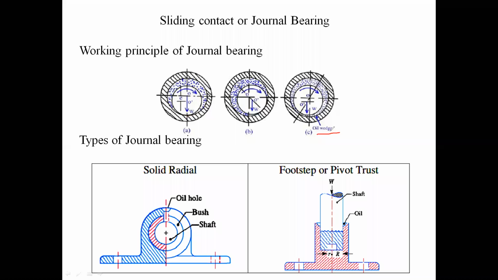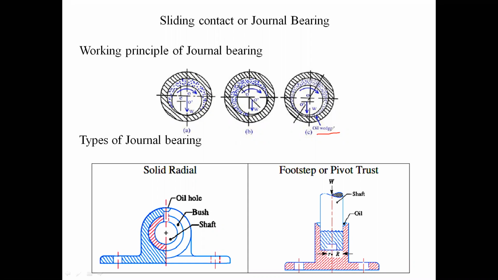This gap is called the oil wedge. Oil wedge बनता है, but it requires sufficient speed. Speed रहेगा तो ही हमारा जर्नल ऊपर उठेगा. Again, if the speed is reduced, again the journal will be in direct contact. जर्नल का और आउटर सरफेस का डायरेक्ट कांटेक्ट आएगा, and there is more friction.